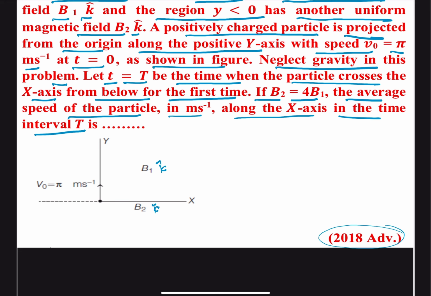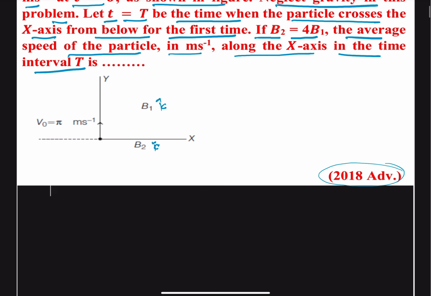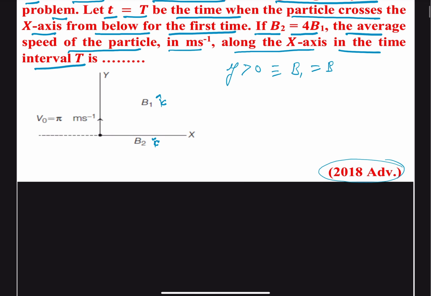So for region y greater than 0, we have a magnetic field B1, given as B k unit vector, and for y less than 0 the magnetic field is B2, and that is also along the k unit vector, which is basically the positive z-axis.